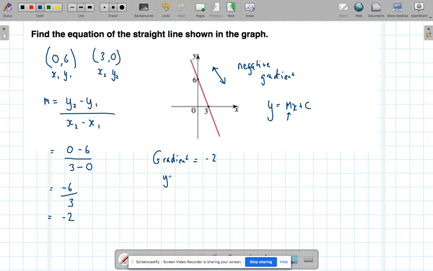My y-intercept is (0, 6), or just 6. So the equation, using y equals mx plus c, is y equals negative 2x plus 6. So that is the equation for that graph.